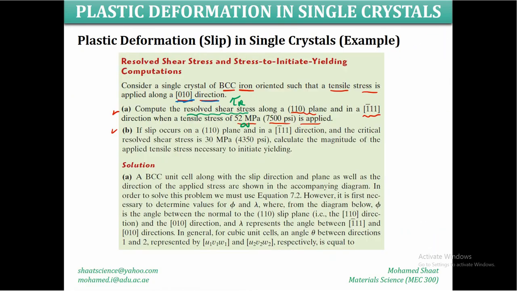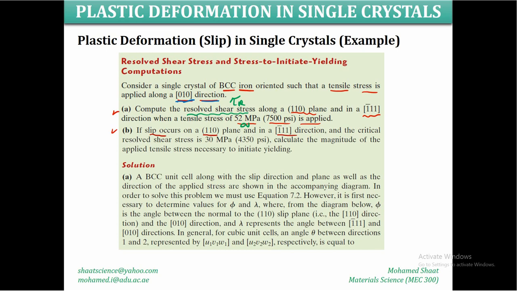How about part B? It is required if the slip is going to take place over the same slip plane that we defined before, 110, and over the -111 direction. The question is, is it necessary that this slip is going to take place over this plane and direction, or this slip system? No. We said that for the BCC crystal structure, we do have 12 slip systems.